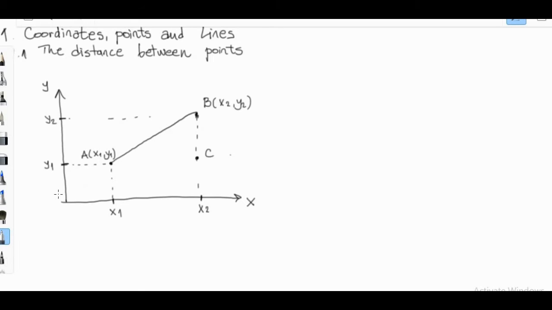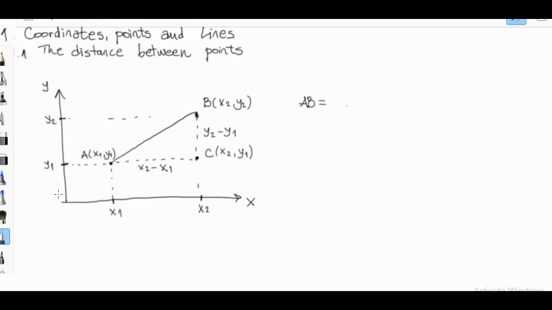So now we add point C. Its coordinates will be x2 and y1. We can show now that the length of AC is x2 minus x1, and the length between C and B is y2 minus y1.